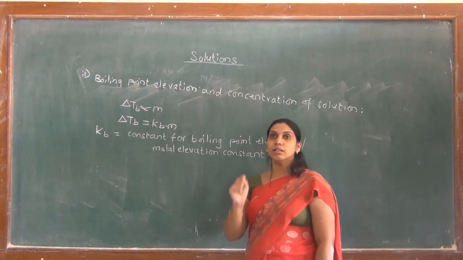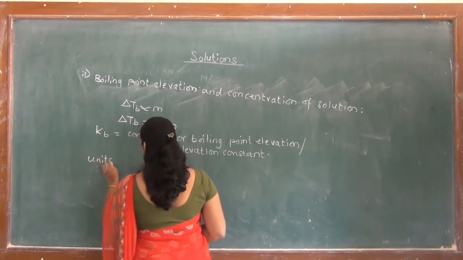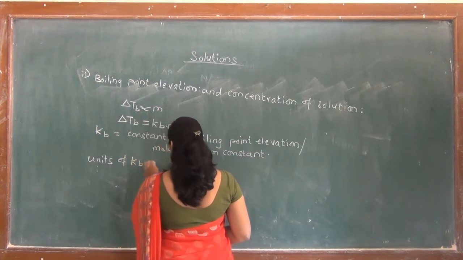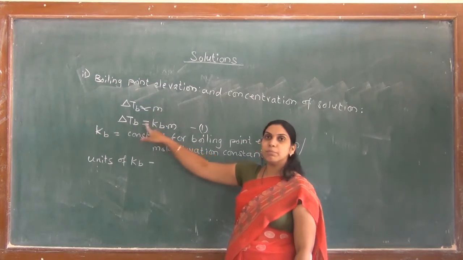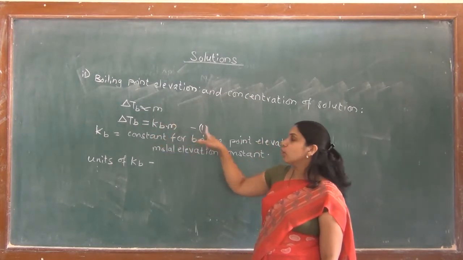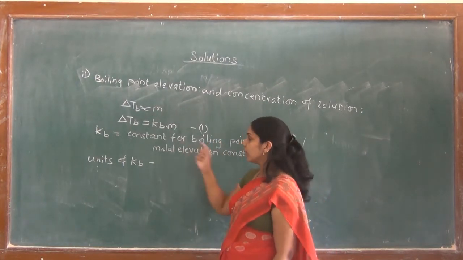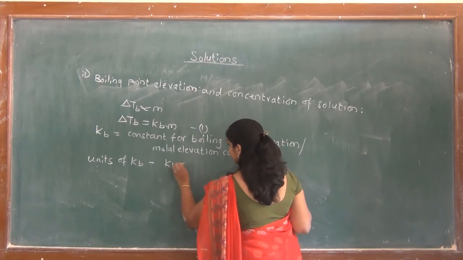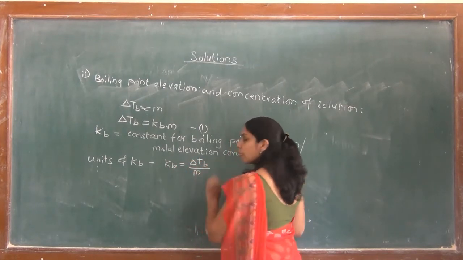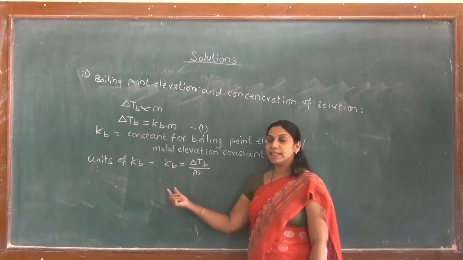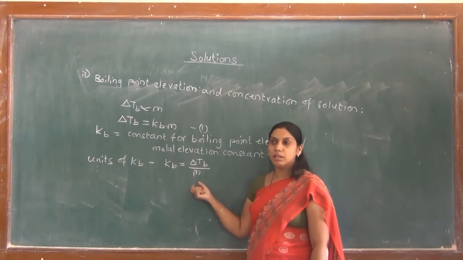Now we will see the units of Kb. We have the equation delta Tb is equal to Kb into m. Call it equation 1. By rearranging equation 1 for Kb, we get Kb is equal to delta Tb upon m.